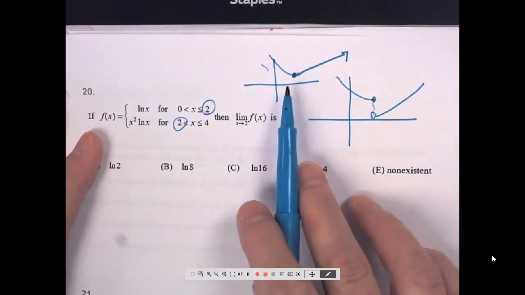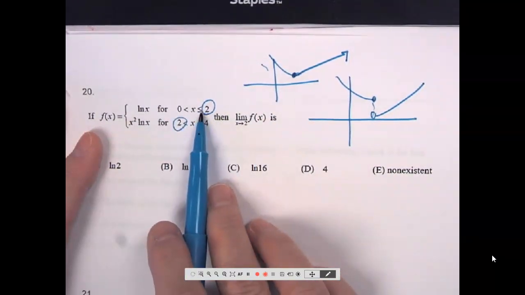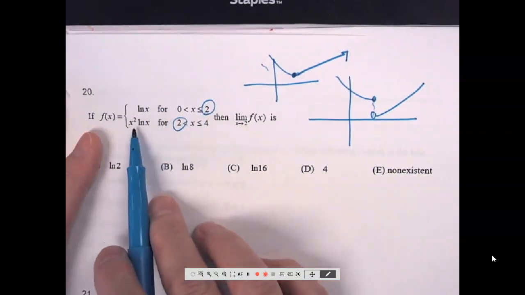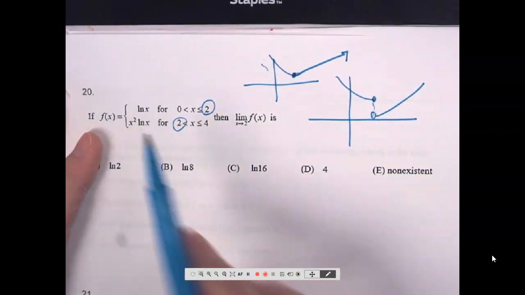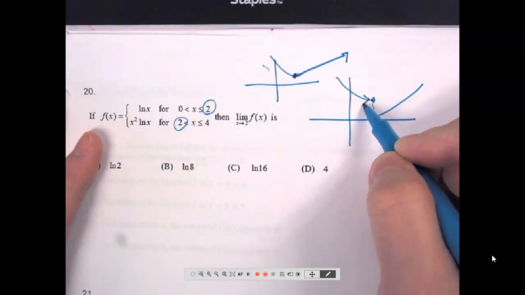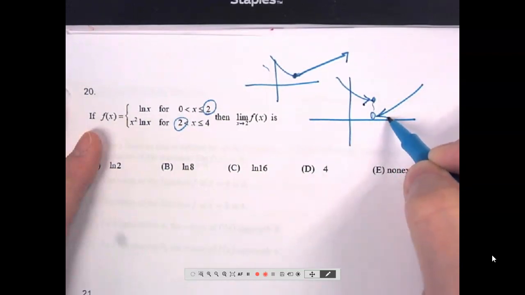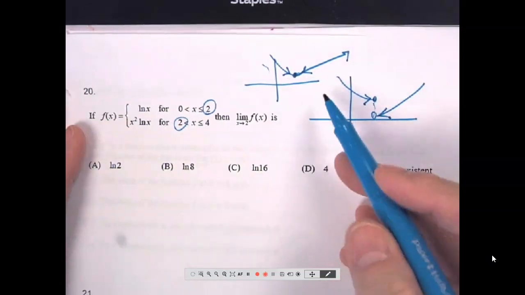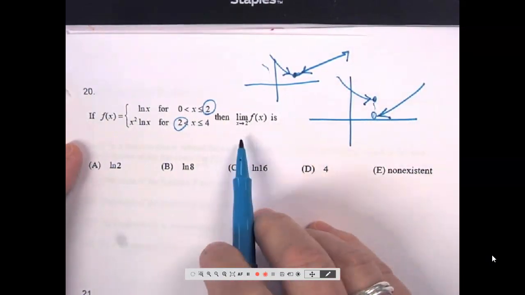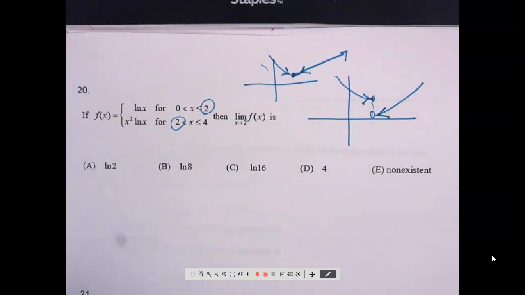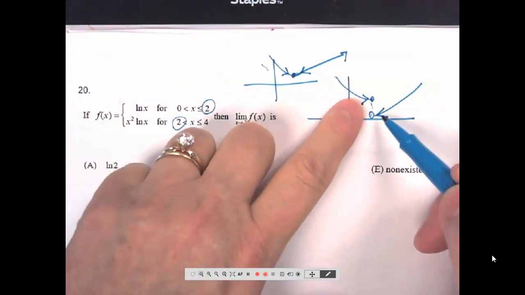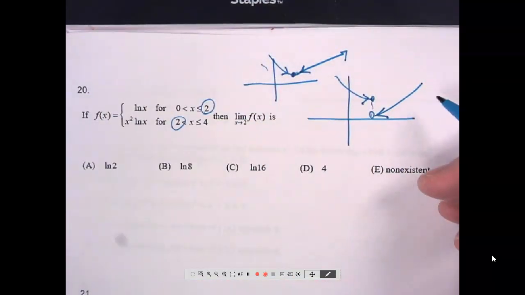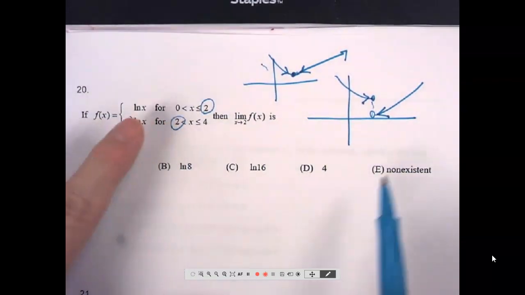So the way I find out is even though 2 is just part of this domain, I'm going to plug 2 into both of them, because that will tell me what I'm approaching here and what I'm approaching here. So if I'm approaching the same number, then I know that the limit will be whatever that number is. If these are approaching different numbers, then I don't have a limit. So let's see.